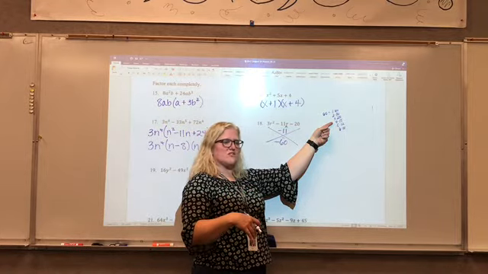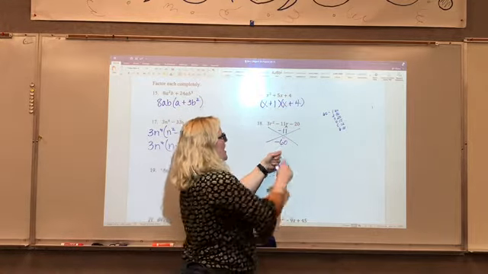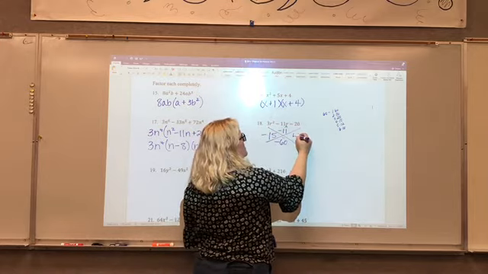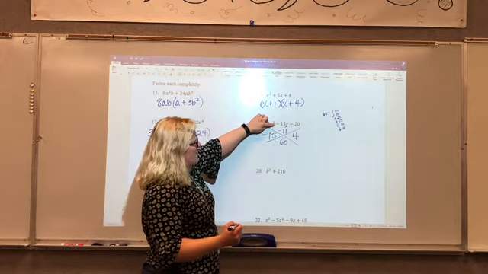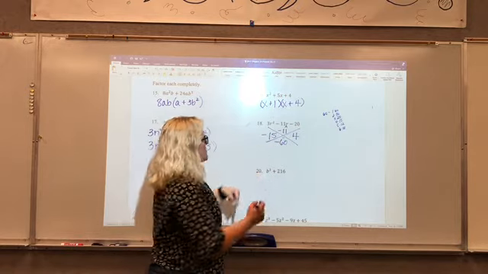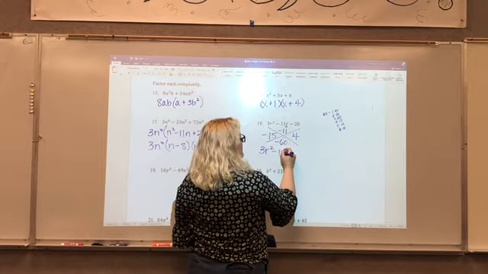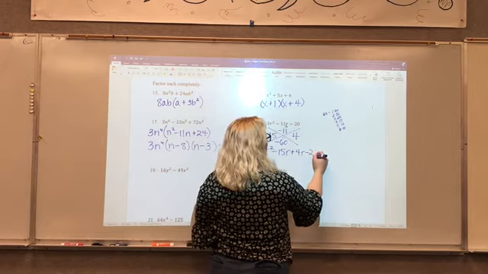Because 15 minus 4 is 11. So what multiplies to give me negative 60, adds to give me negative 11, is negative 15 and 4. So I'm going to rewrite negative 11r with these two numbers. So I have 3r squared minus 15r plus 4r minus 20.